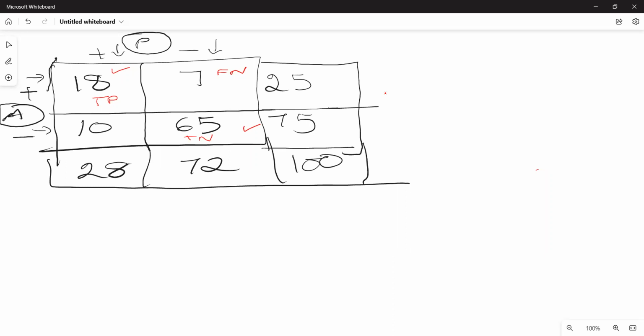So this is predicted as a positive. So this is known as false positive. Is this clear to everyone?